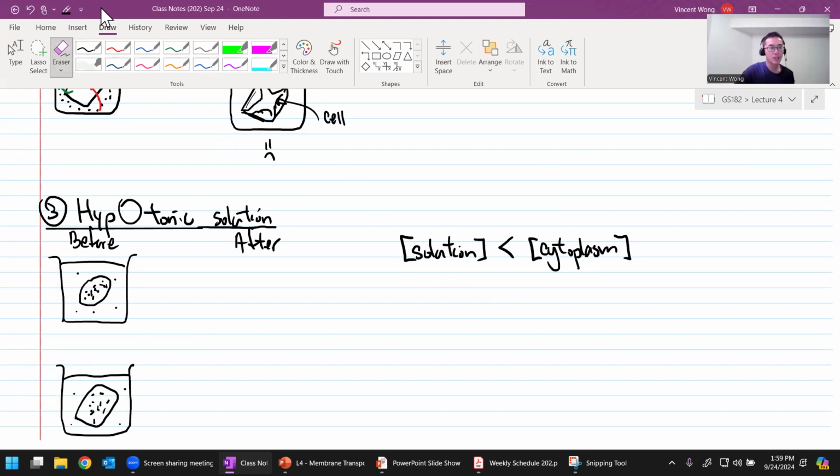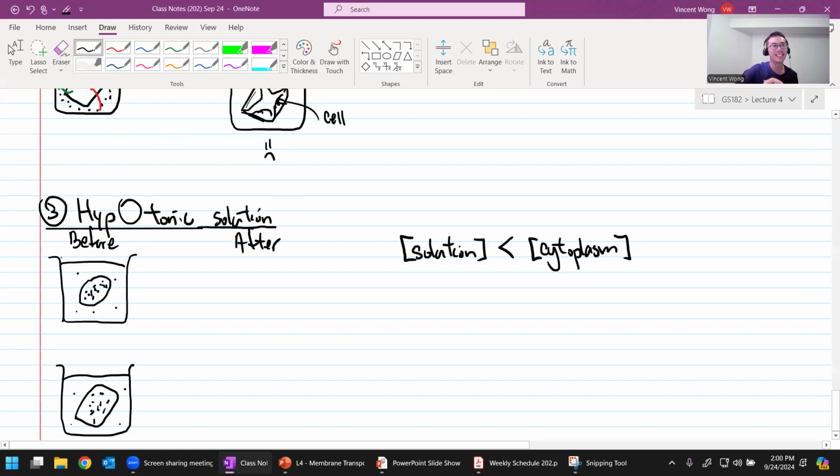So what do you think? Do you think more water is going to be coming in or more water is going to be going out? Out? Why is that? Is there more stuff inside of the cell or outside of the cell right now? Is the picture confusing?